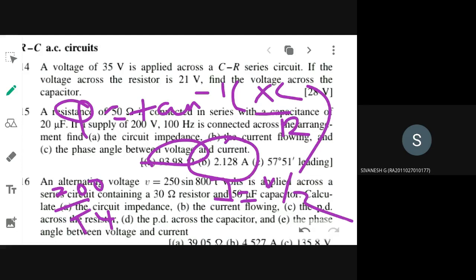Got the answer? Use the formula tan inverse of Xc by R. And what is the answer?